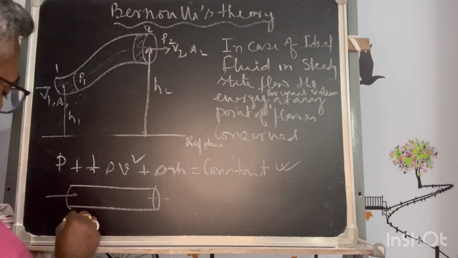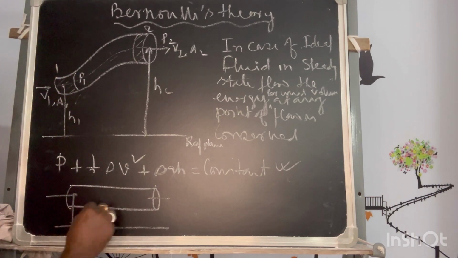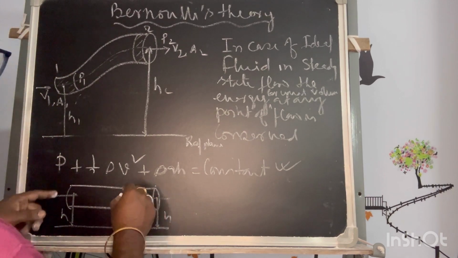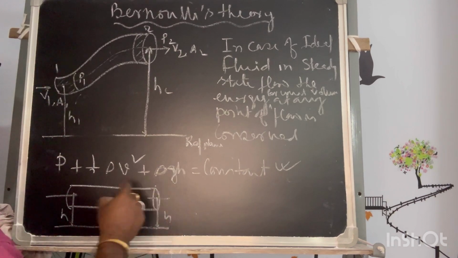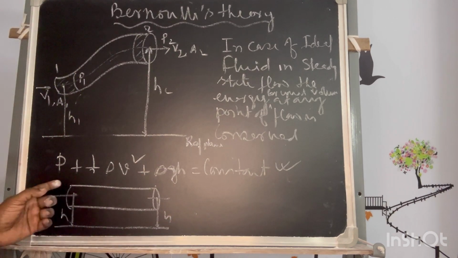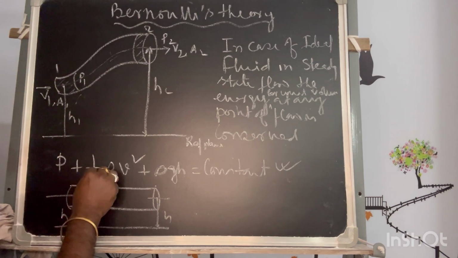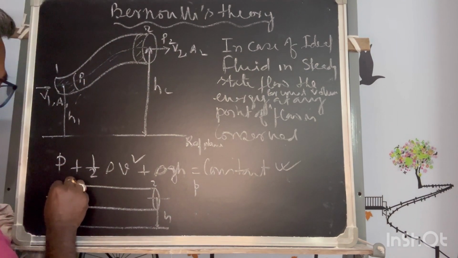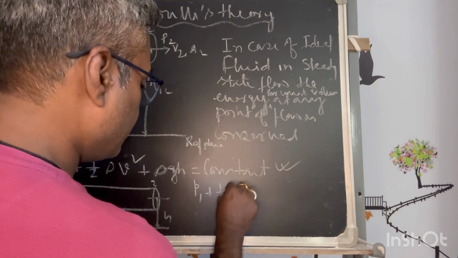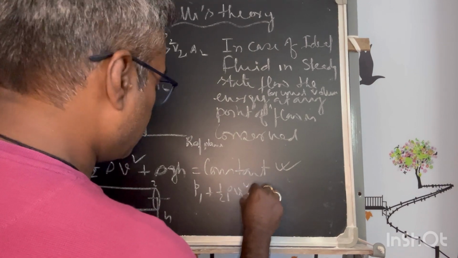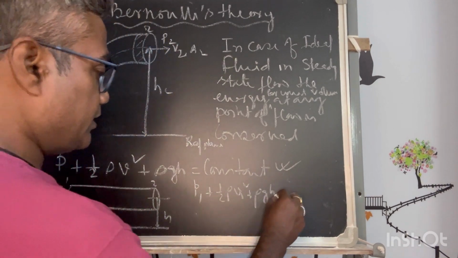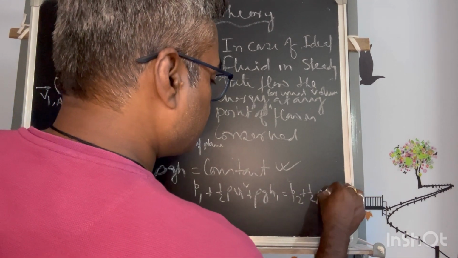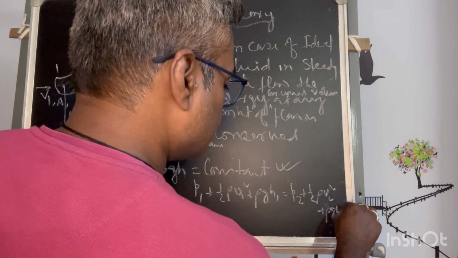Here, from this reference, the center of mass height will be the same, h will be the same. Taking point 1 and point 2, the earlier equation is P1 plus half rho V1 square plus rho g h1 is equal to P2 plus half rho V2 square plus rho g h2. This could be the equation.